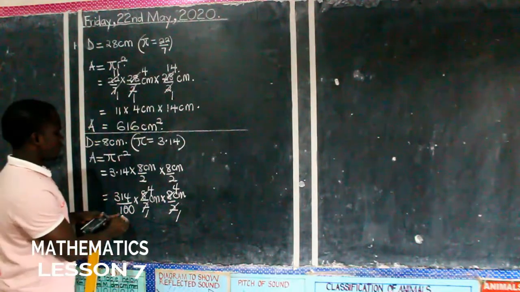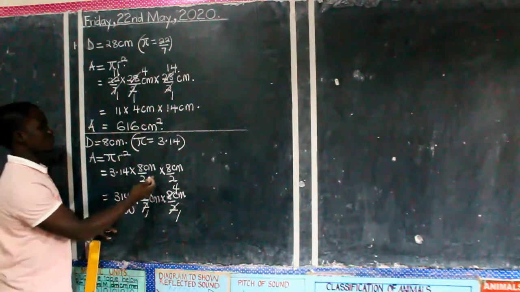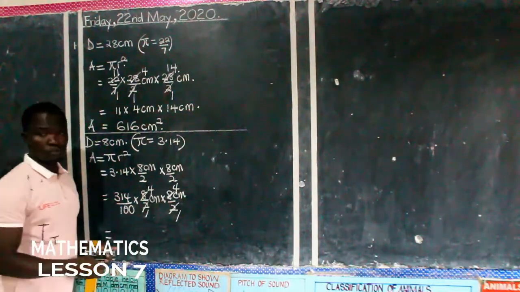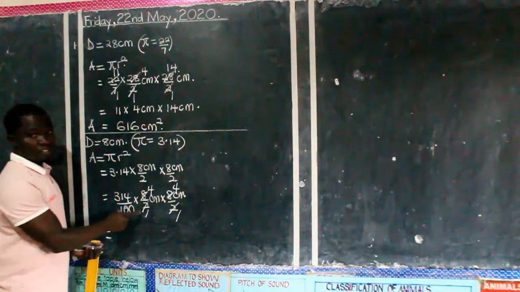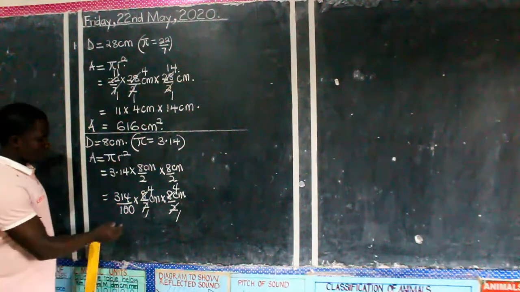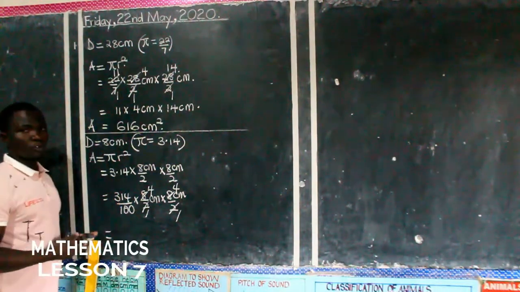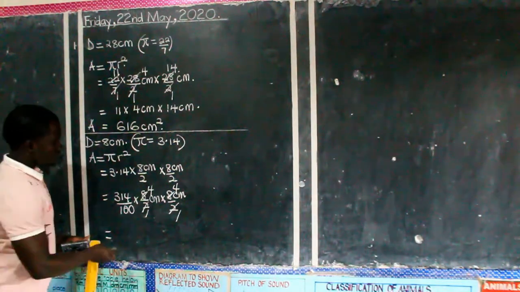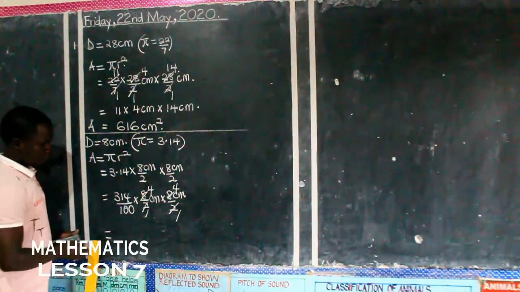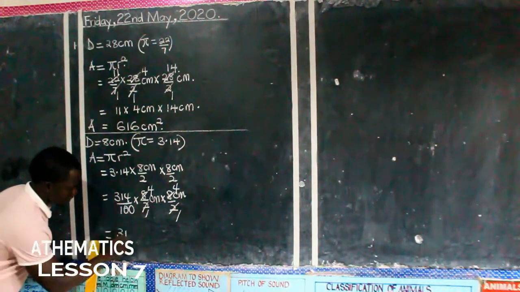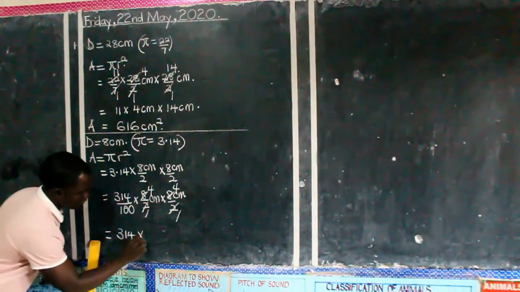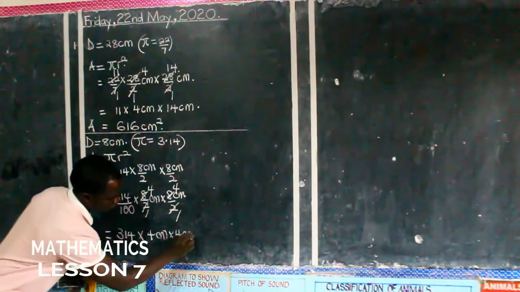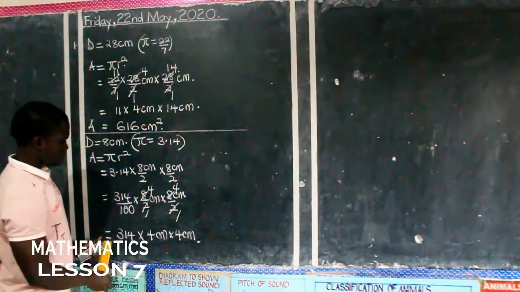This by 2 it can go by 2, 50 by 2, 2 by 2, 25 by 2, 2. But reserve these zeros here. Why? These zeros in the denominator will help you get your final answer very fast. Okay? So that is why we are leaving them. So this is 314 times 4 centimeters times 4 centimeters.